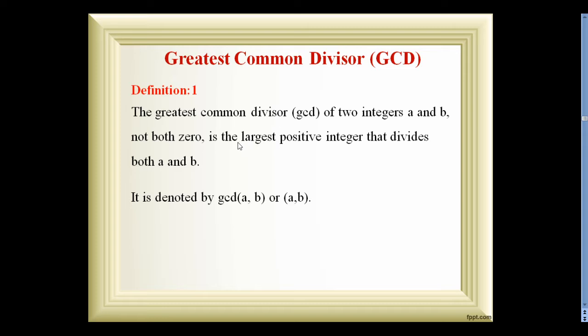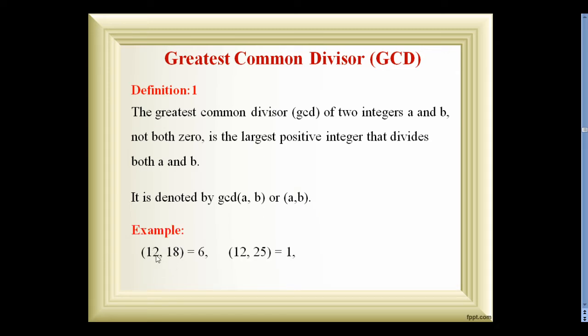It is denoted by GCD of a comma b, or (a, b) within the open brackets. So for example, we will see.